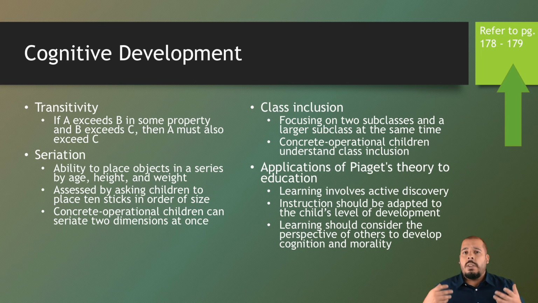The child will then focus on the fact that there are 6 dogs, which is more than 2 cats, and thus will answer dogs to the question. A child in concrete operations will likely answer animals as they realize that there are 6 dogs and 2 cats, but both dogs and cats are animals.